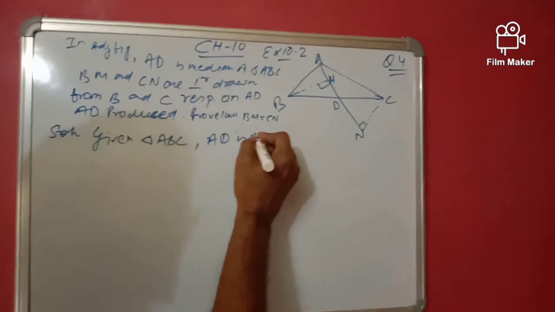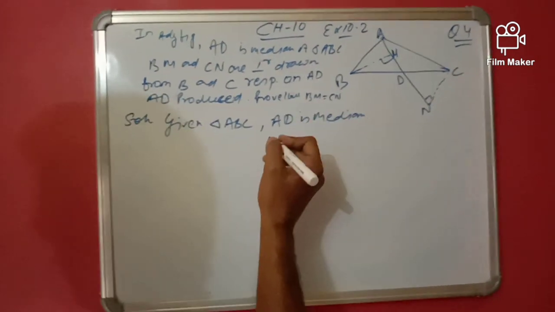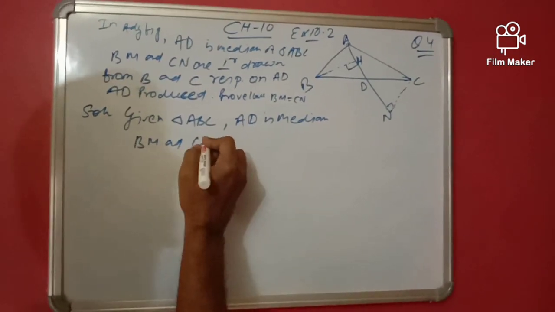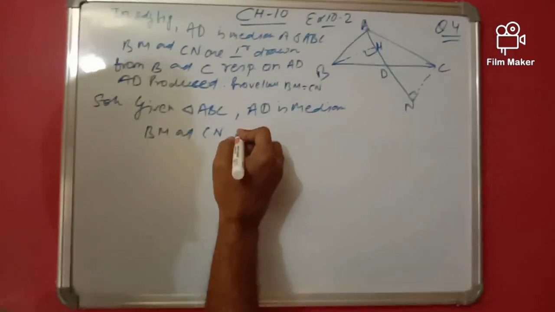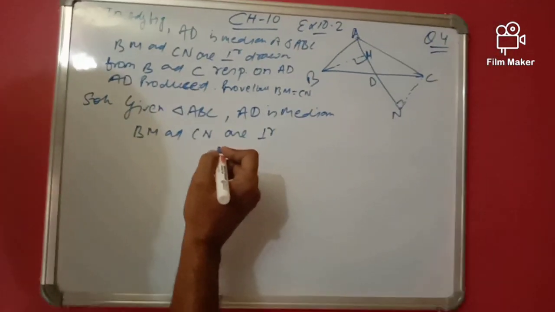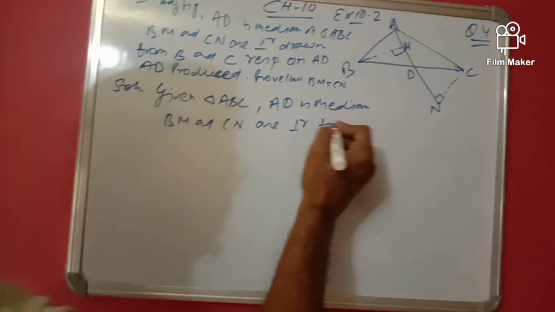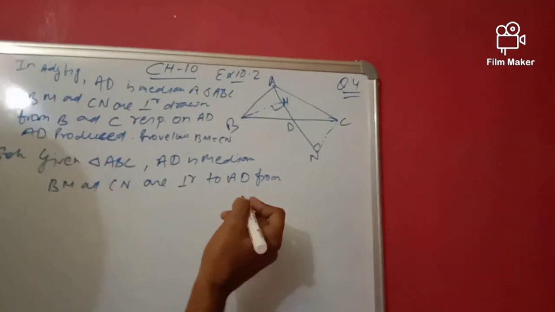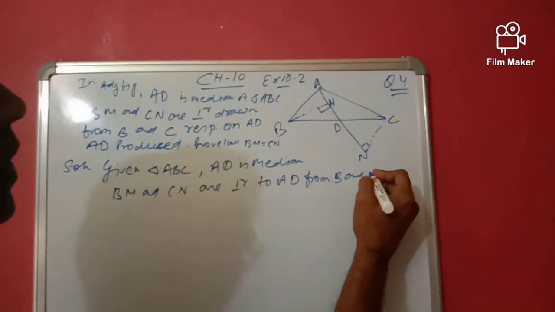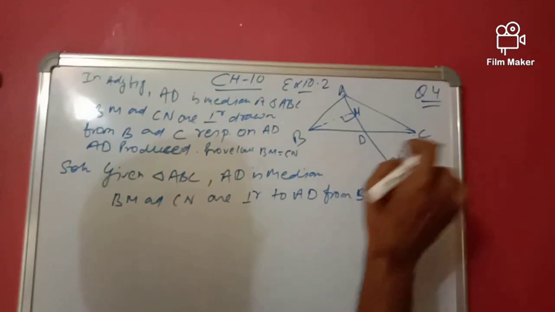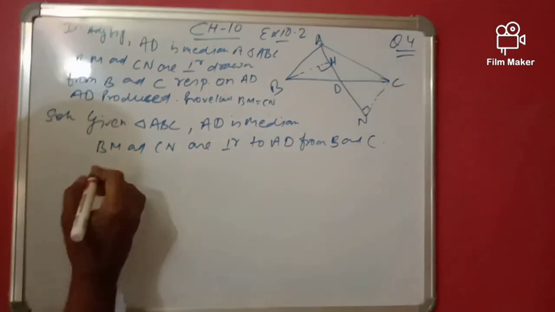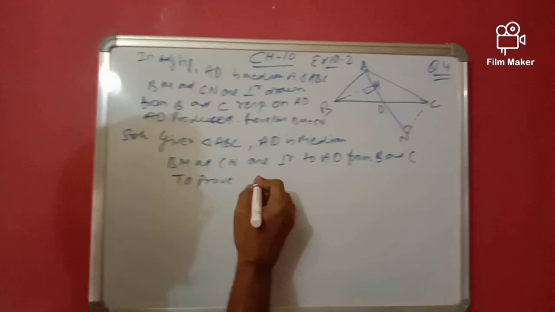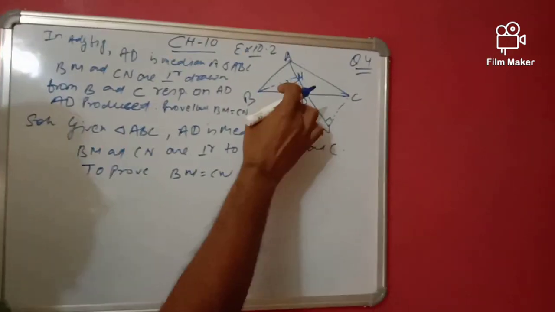BM and CN are perpendicular to AD from B and C respectively. To prove, write down to prove. What we have to prove? BM equal to CN.